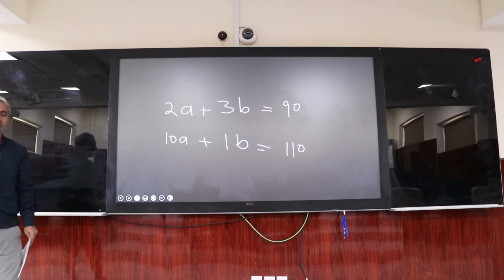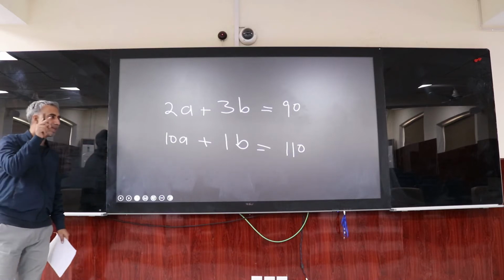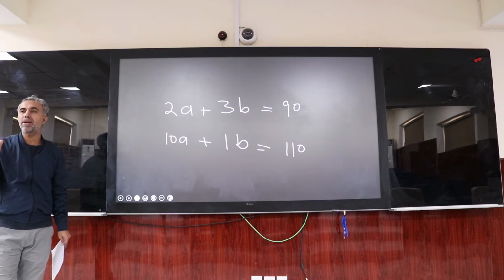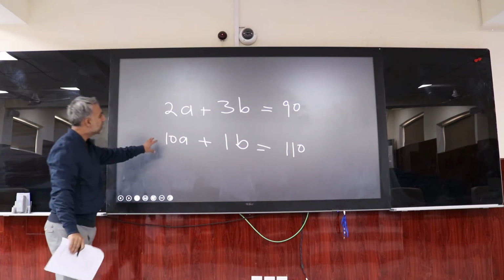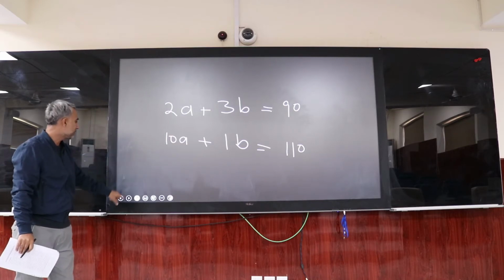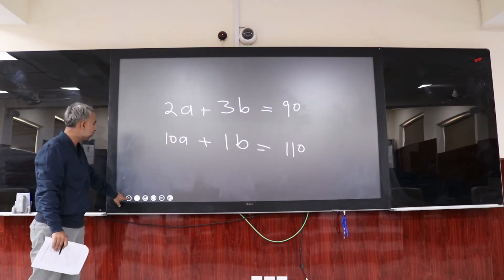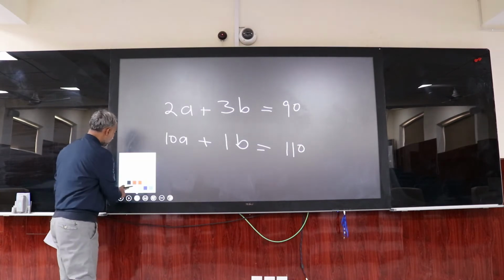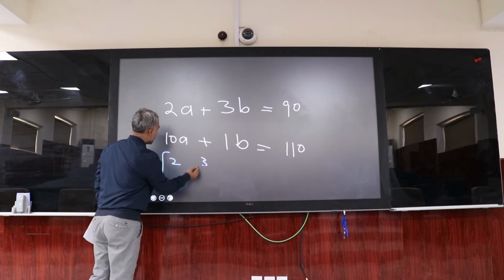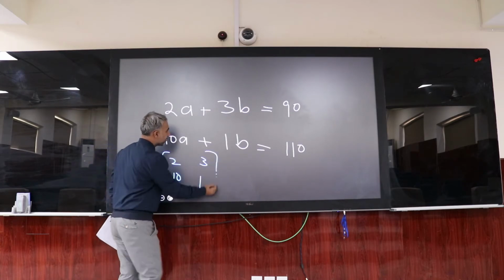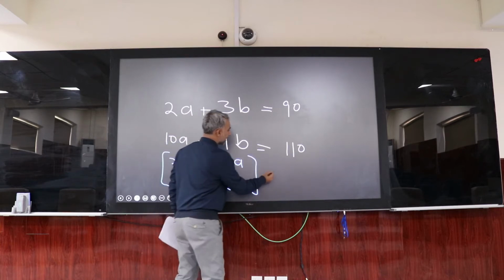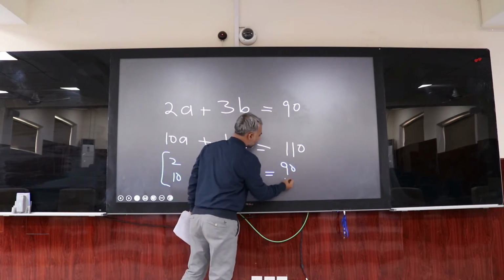For better accuracy, deep learning, I will explain a little later, huge data will give us more accurate results. With this setup, we can make a matrix formation, and matrix formation is very simple: 2, 3, 10, 1, coefficients A, B, and 90, 110.